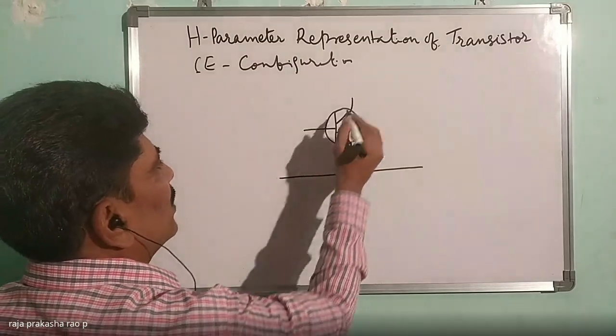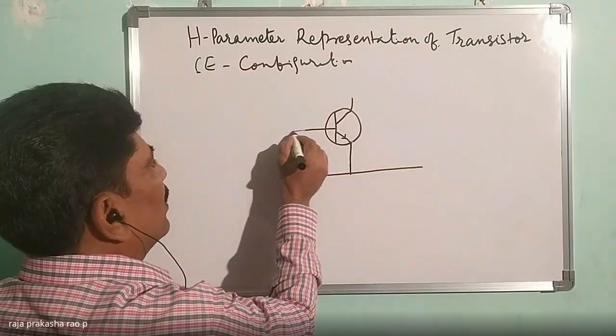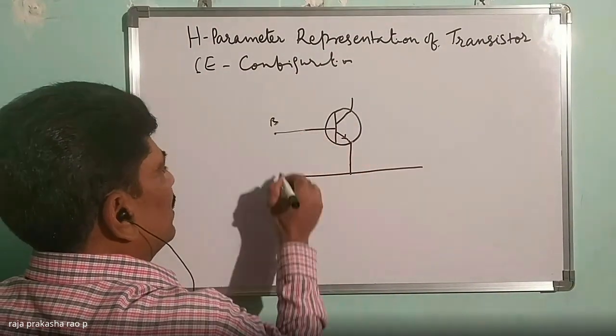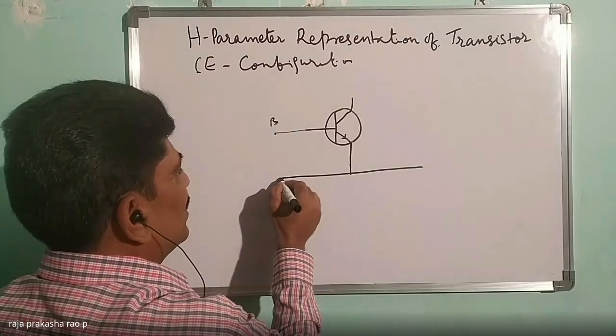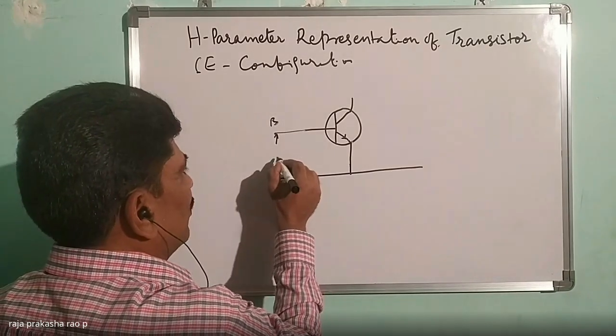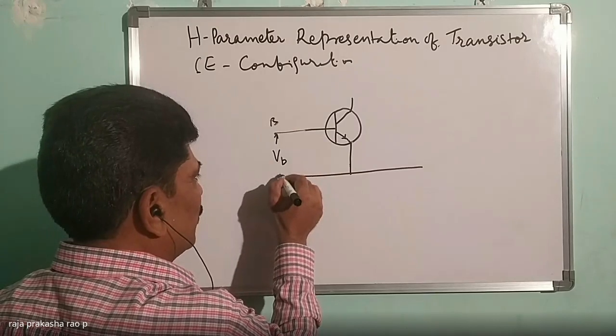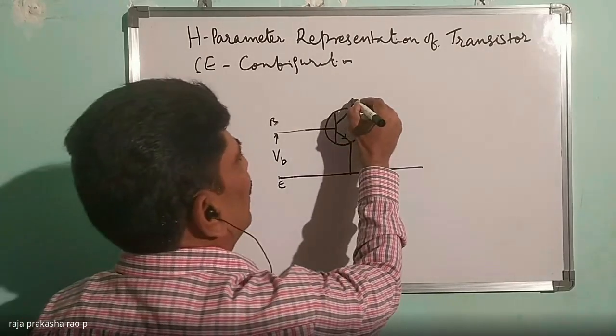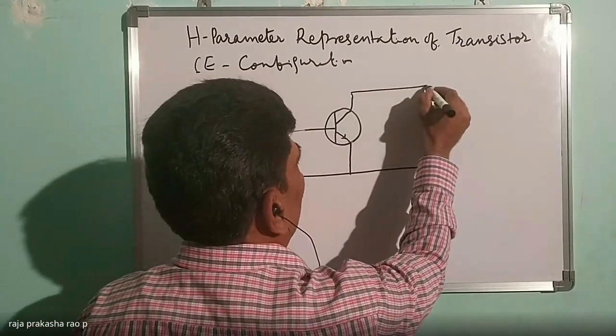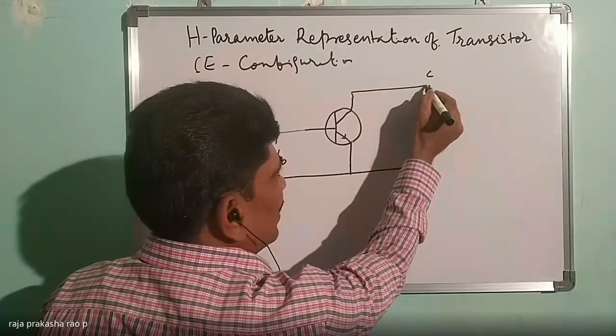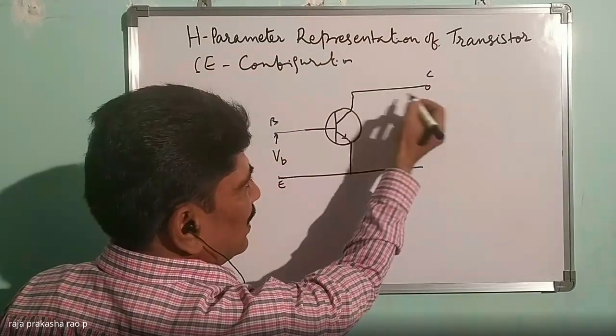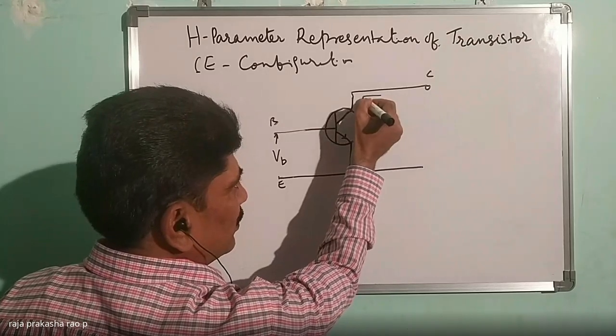Here emitter is common. Between base and emitter terminals, input voltage is applied. What will be the input voltage here? VB will be the input voltage. This is collector. Always the current flows into the port. It is the collector port, it should flow like this.